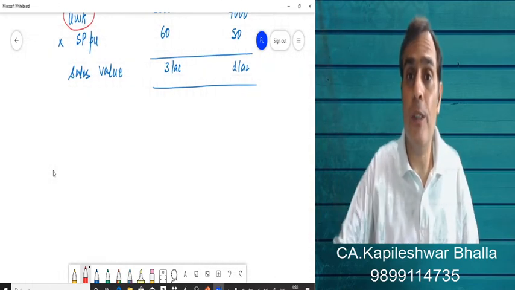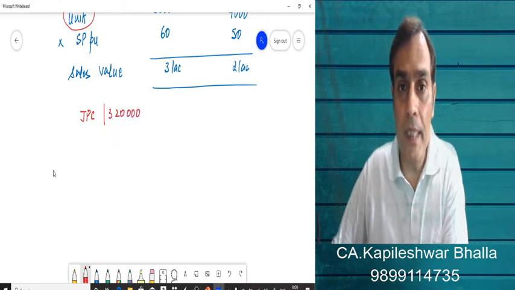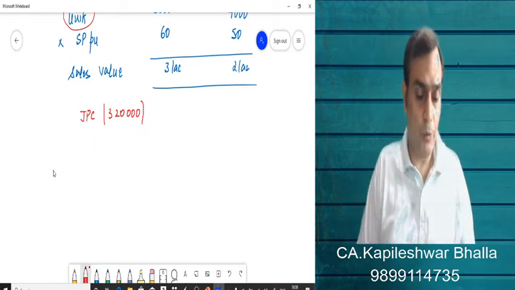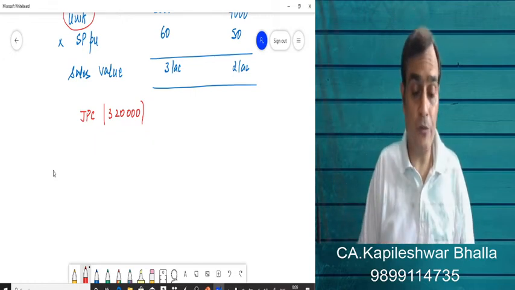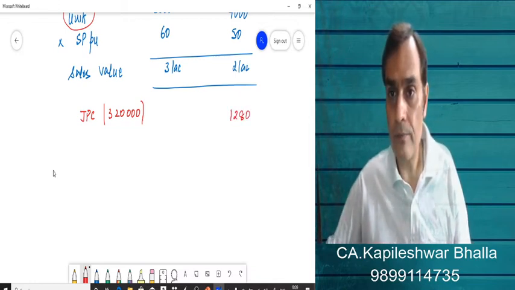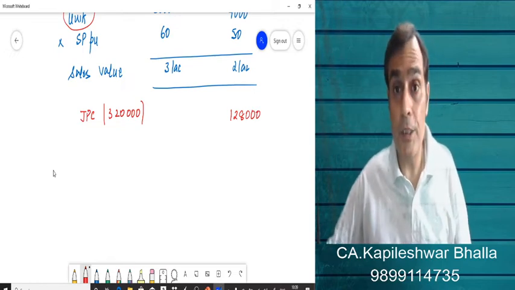So what we need to do now is divide the JPC, that is 3,20,000, to be allocated in the ratio of 3:2. Let me divide 3,20,000 in the ratio of 3:2, and that works out at 1,28,000 and 1,92,000.